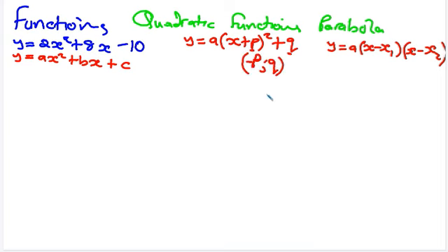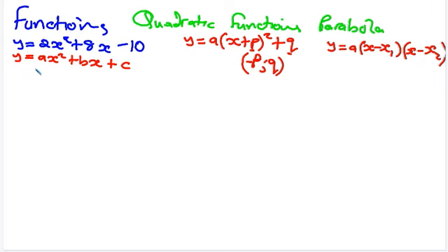That is our turning point, and then our vertical line of symmetry is where x is equal to minus p. And with this one, x1 and x2 are your x-intercepts. So this can be written like this, and it can be written like this.